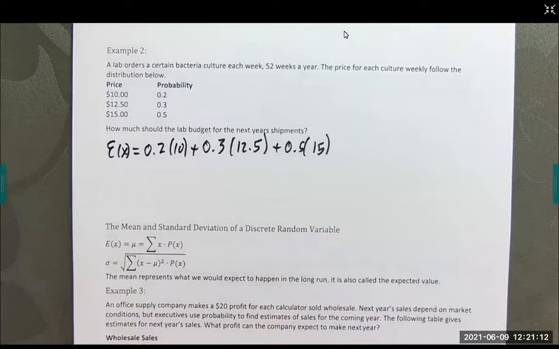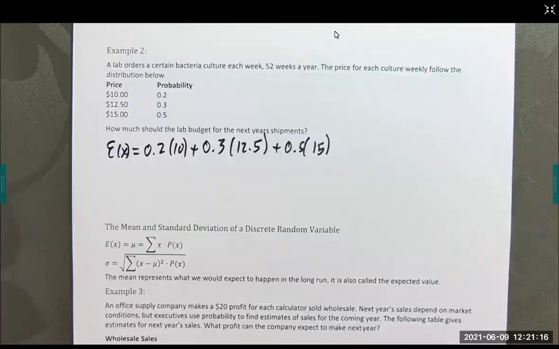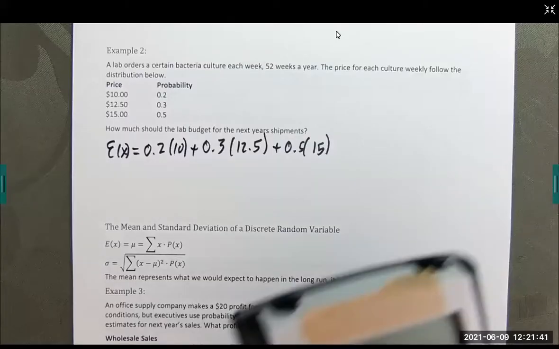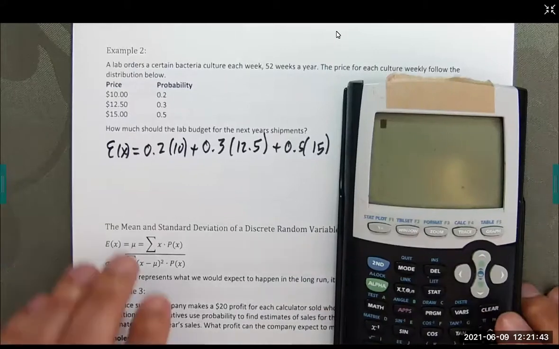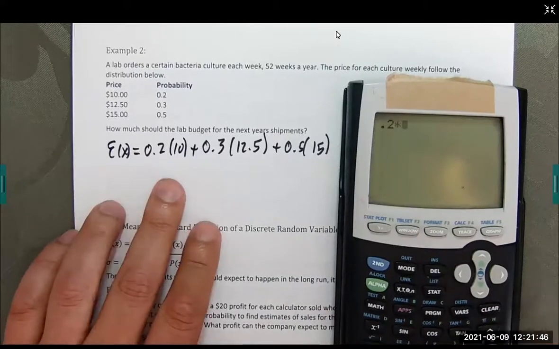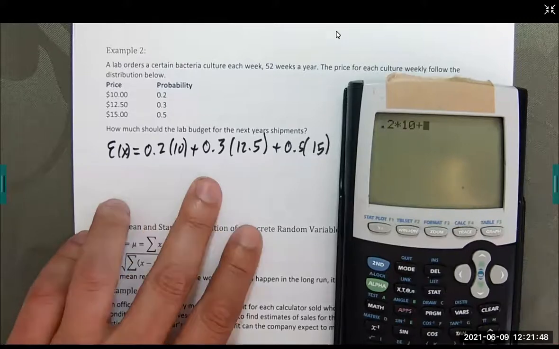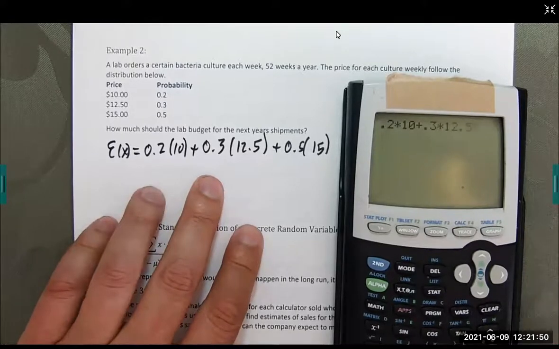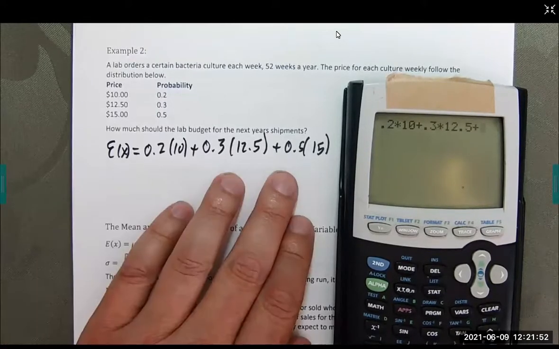This will be our expected value. All right, so we're going to go 0.2 times 10 plus 0.3 times 12.5 plus 0.5 times 15.